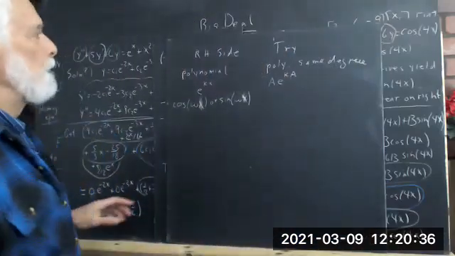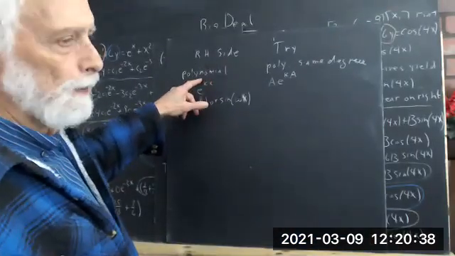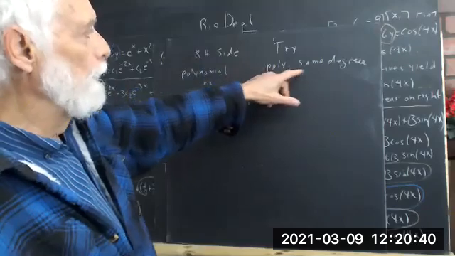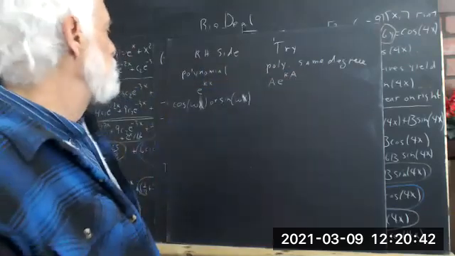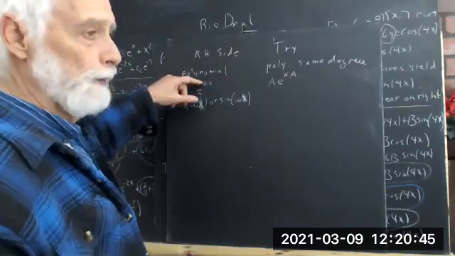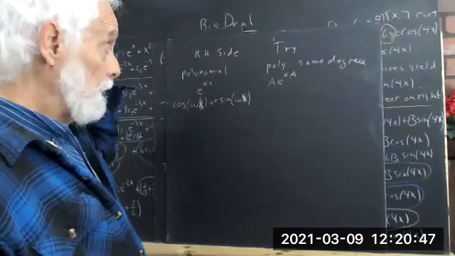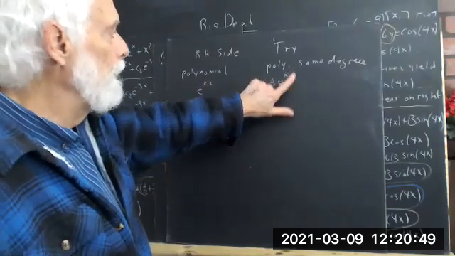So if your right-hand side is a polynomial, you try a polynomial of the same degree. If your right-hand side is an e to the kx, you try an a e to the kx.